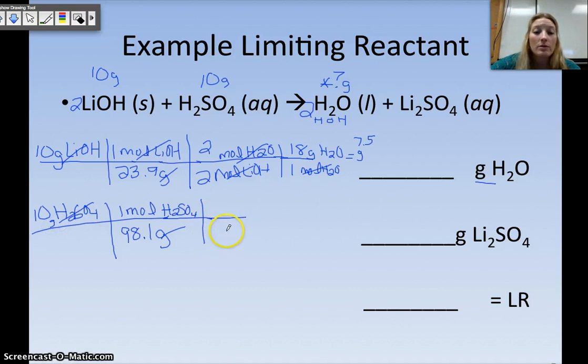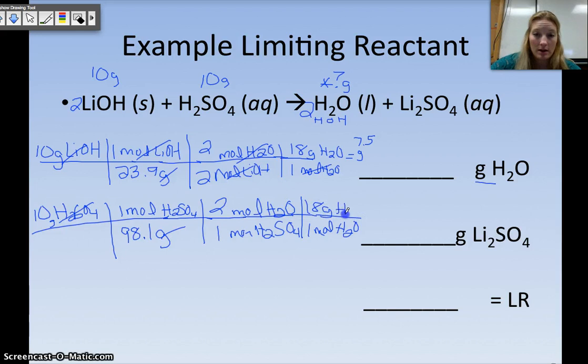Moles to moles now, moles of H2SO4 to moles of water, and according to our balanced equation, we have 1 mole of H2SO4 to 2 moles of water. And our last step, moles of water to grams of water, and multiply across the top, divide across the bottom, and we get 3.67.